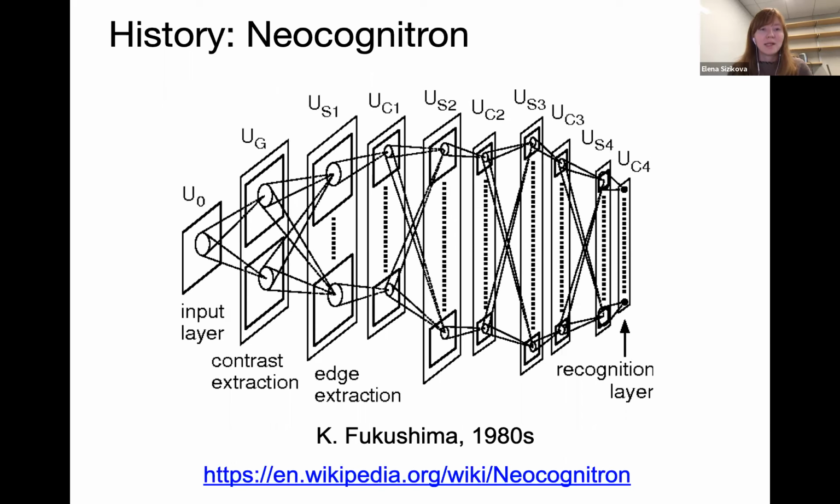It was applied in 1979 to Japanese handwritten character recognition. So there is lots of prior work, and I would encourage you to look at these links to obtain more information on how we got to where we are now.